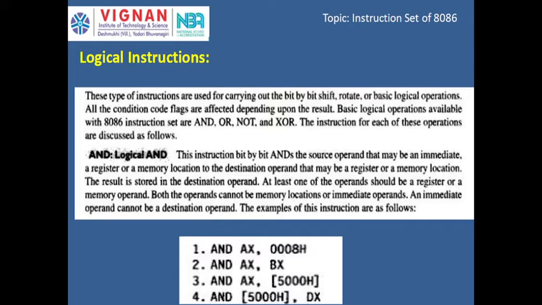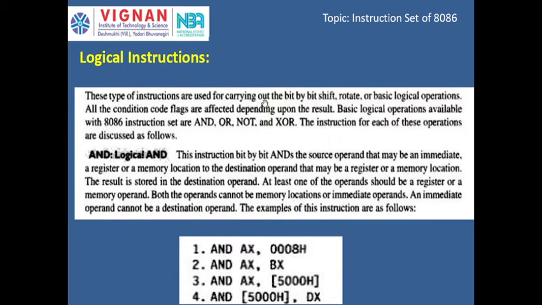For these logical instructions, all conditional code flags are affected depending upon the result. That means carry flag, auxiliary carry, parity, sign, zero, and overflow flags will be affected depending upon the result.